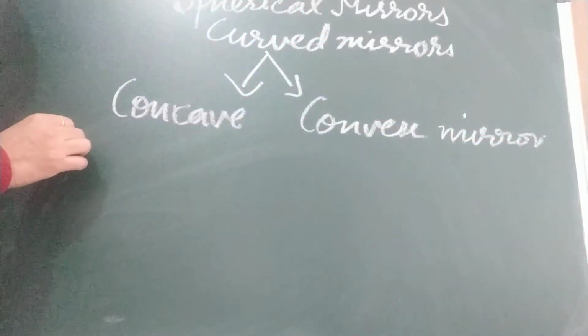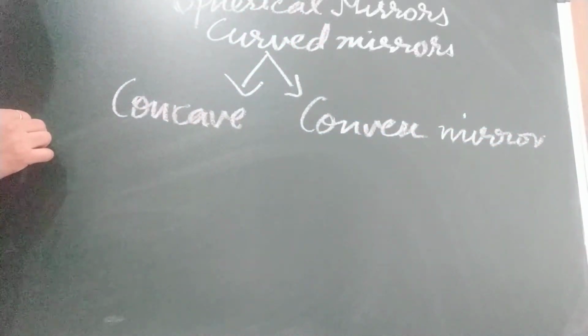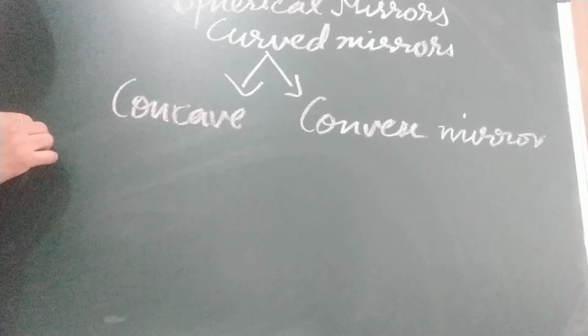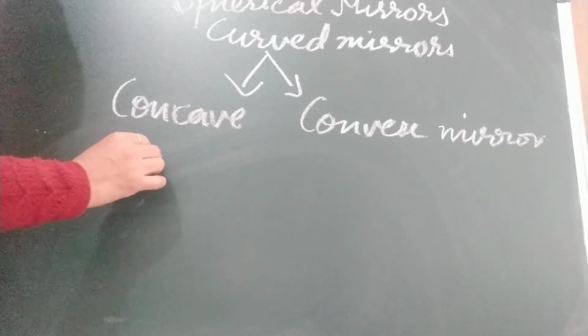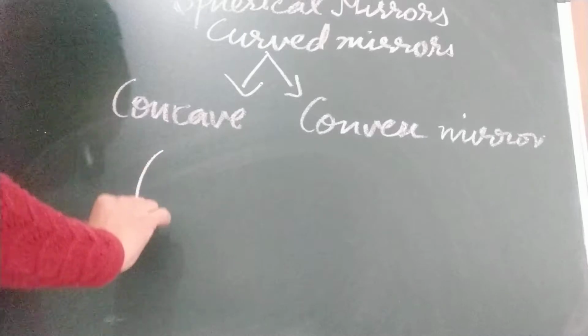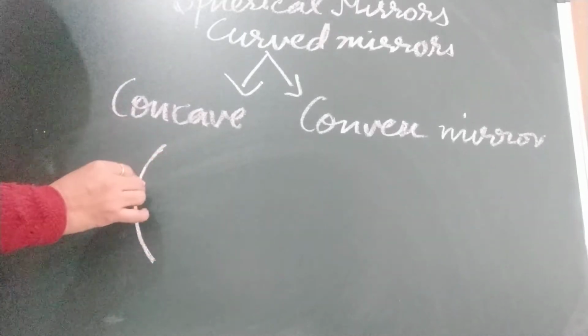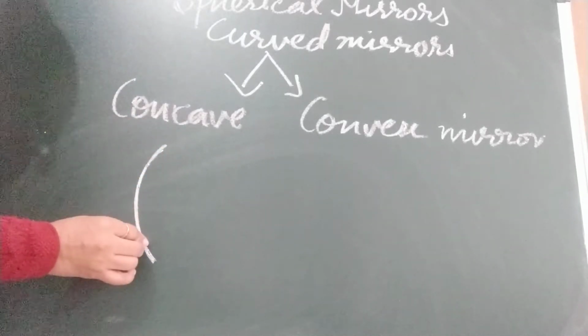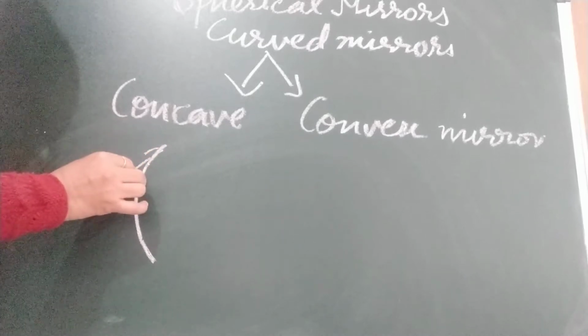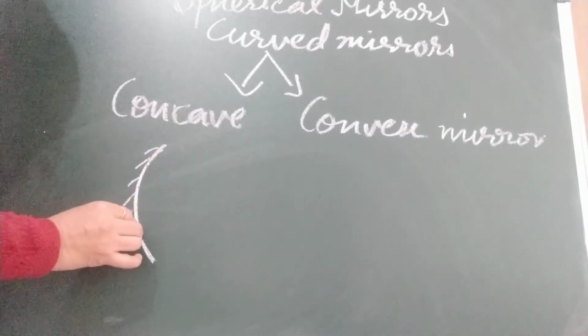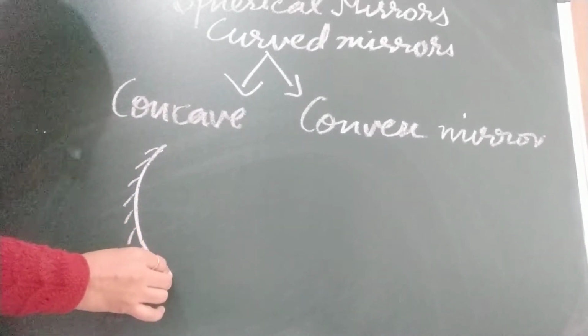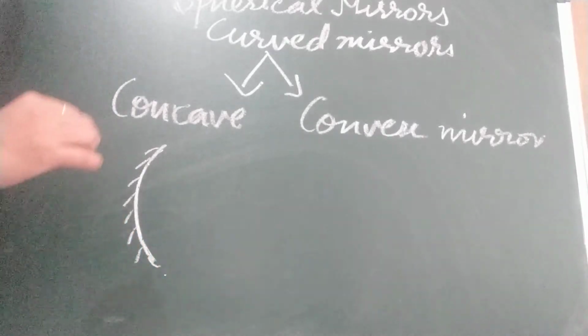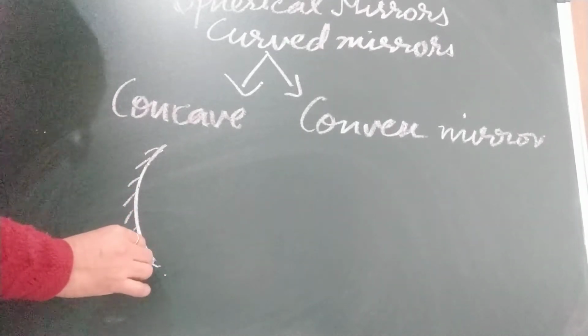What is a concave mirror? A spherical mirror whose reflecting surface is curved inwards. Okay, this is its reflecting surface and this is polished. As I told you in the class, in the plain mirror, it is polished at the back side by silver.